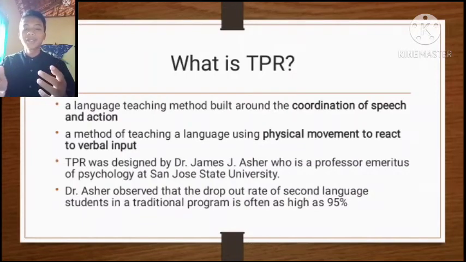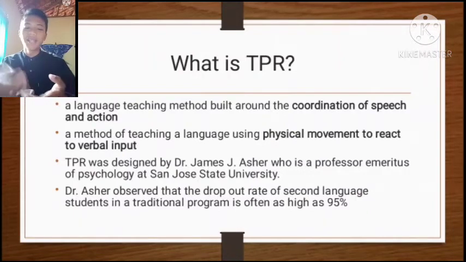TPR is a method of learning that uses more action and less theory, a method of teaching a language using physical movement to react to verbal input.